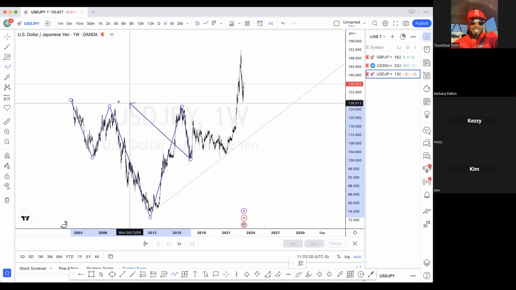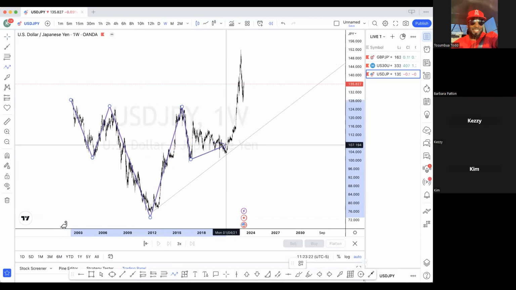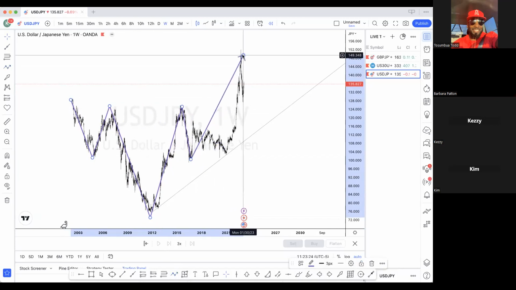And then once it broke this zone here, it became bullish. So with that being said, the overall market flow or order flow is bullish.